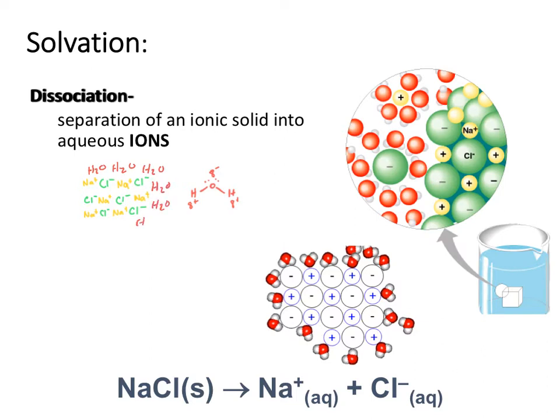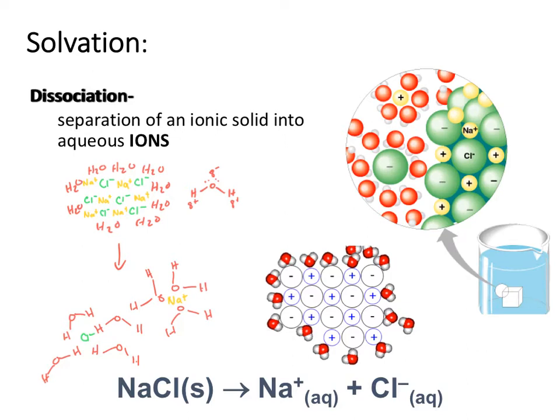And as you can see here, this looks very much like what we discussed in our previous slide. Okay, so basically you have your solvent surrounding your solute. And then what's going to end up happening is the ions are going to get isolated out. And that's going to look something like this. Go ahead and take a look here. Notice that the sodium ion is interacting with the negatively charged portion of the water molecule, while the chloride ion is interacting with the positively charged portion of the water molecule.